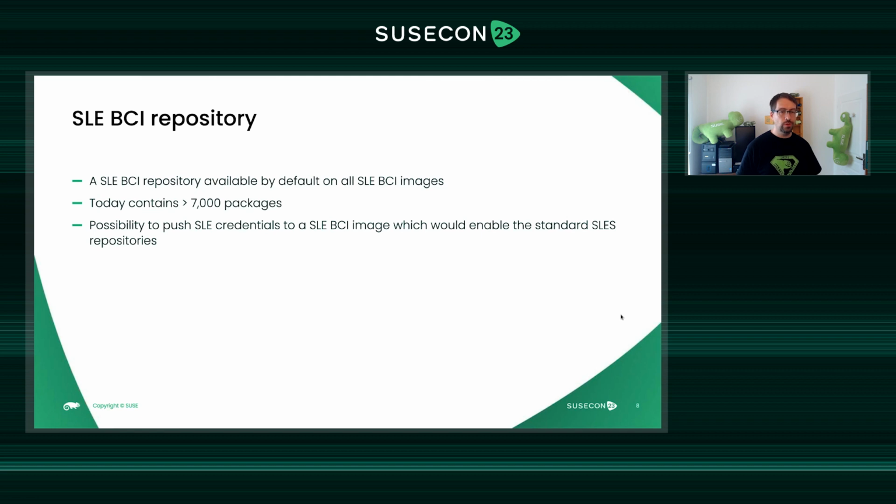It is pre-configured. You don't have to do anything. You can just, if you use, for instance, the BCI base image, call zypper to install whatever packages you need, and it will install them. Currently, it contains more than 7,000 packages.